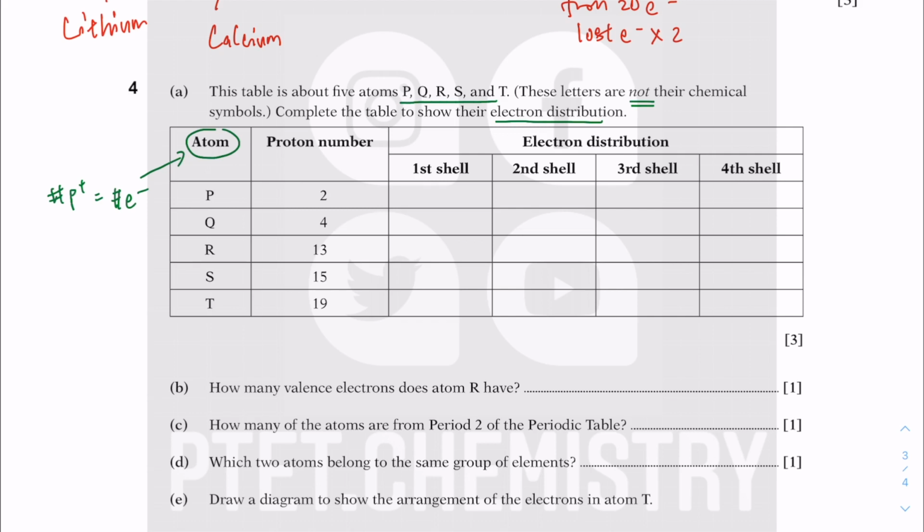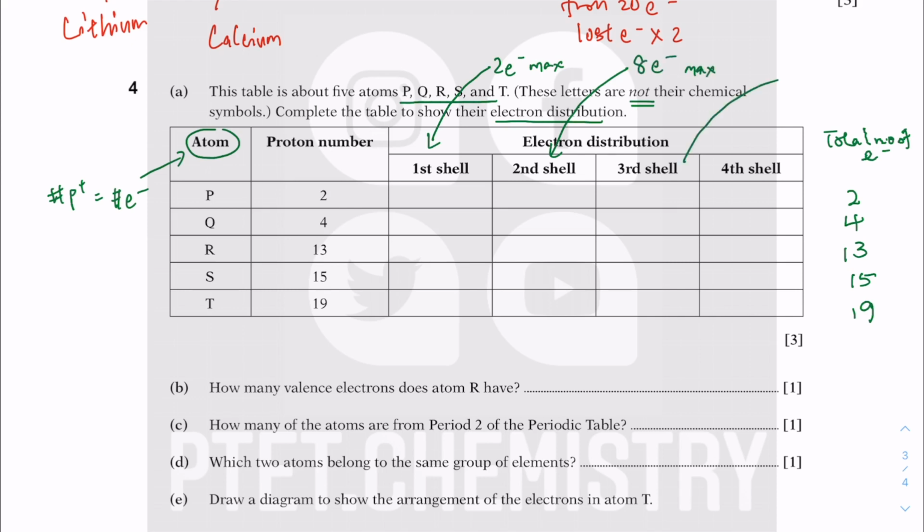So that means the total number of electrons would be equal to 2 there, 4 there, 13, 15, and 19. And we know that the first shell can accommodate 2 electrons maximum, and the second shell can accommodate 8 electrons maximum.